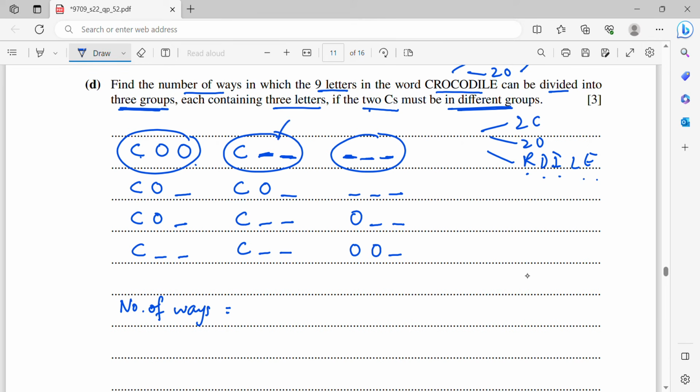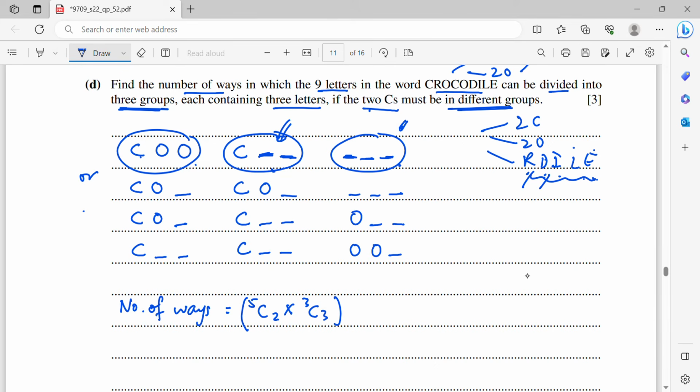So to consider these two underlines, you have to choose 2 from this 5. So at first I have 5, then I choose 2. Okay, then done for the second group. The third group, so let's say you have chosen R and D. That means you still have 3 more left, I, L, E. So I need to choose all 3 and put it in the last group. Therefore, 3C3. Okay, that's for the first combination.